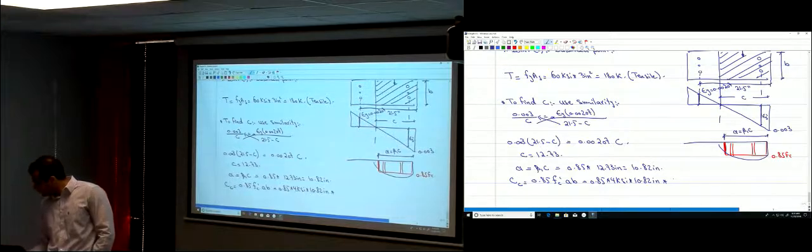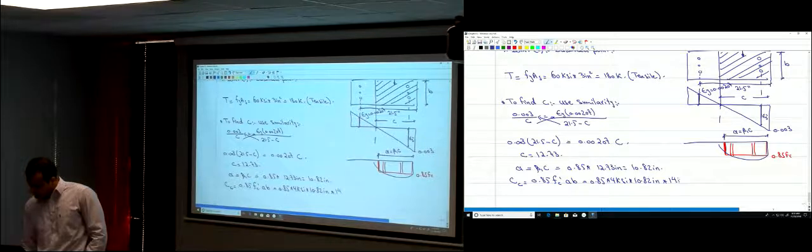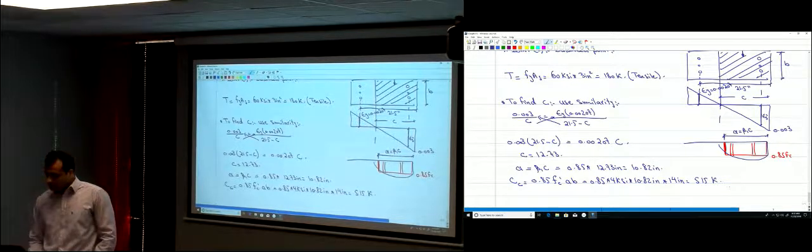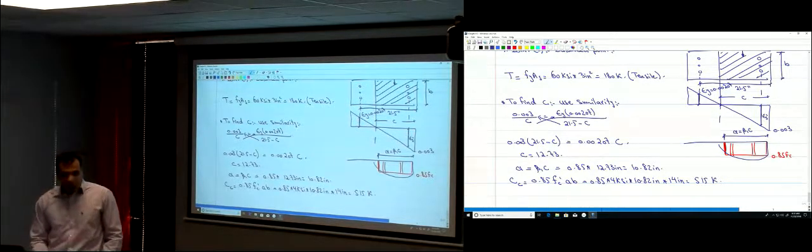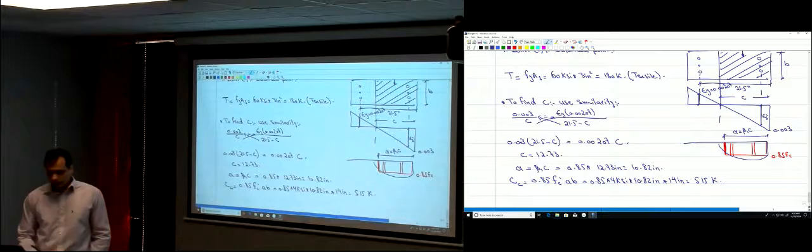How much is the width of the column? 14 inches. So that is equal to 515 kips.